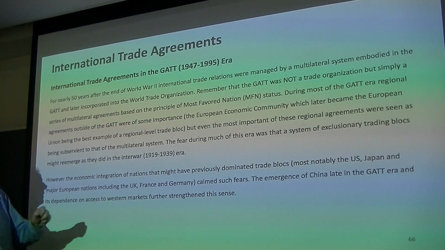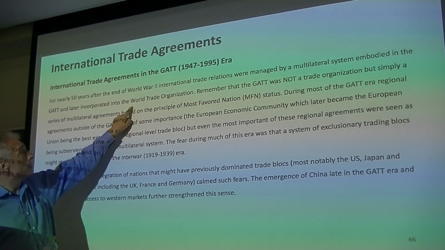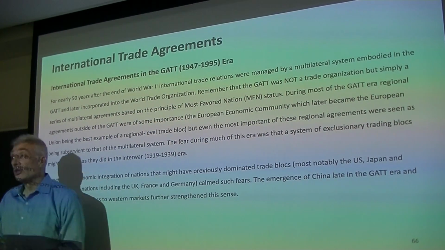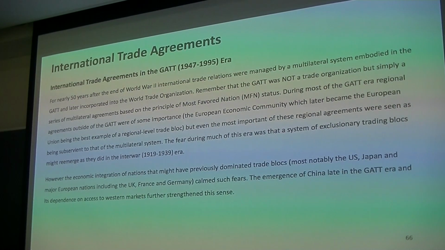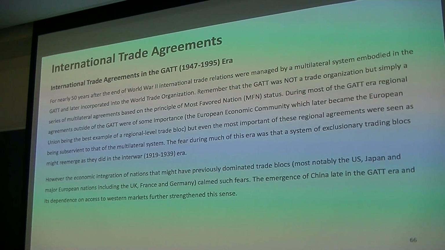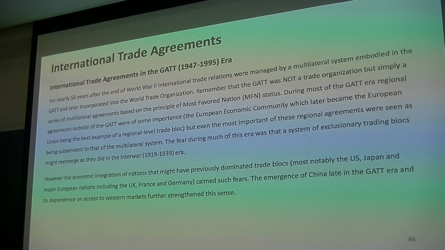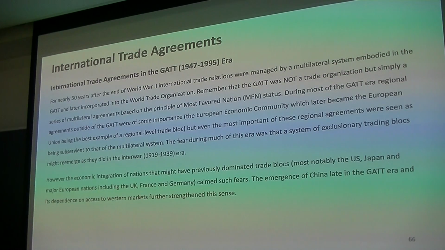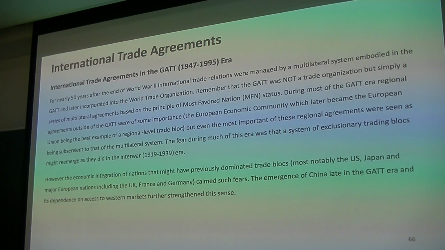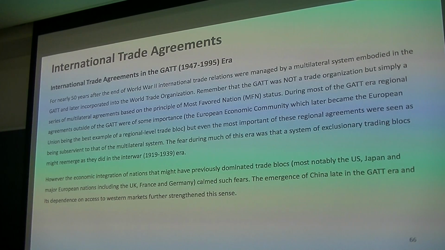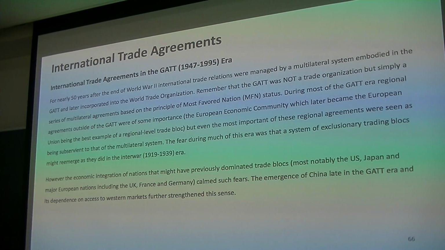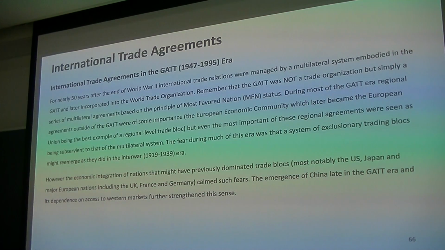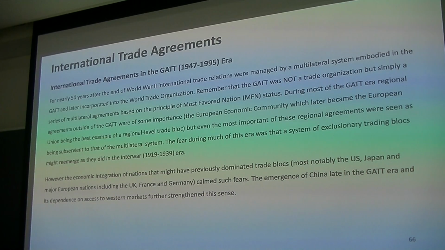And the irony will be that by the time the World Trade Organization was formally established in the 1990s, countries were beginning to move away from multilateralism. Multilateral agreements were becoming increasingly difficult, and countries were beginning to make bilateral trade agreements again.